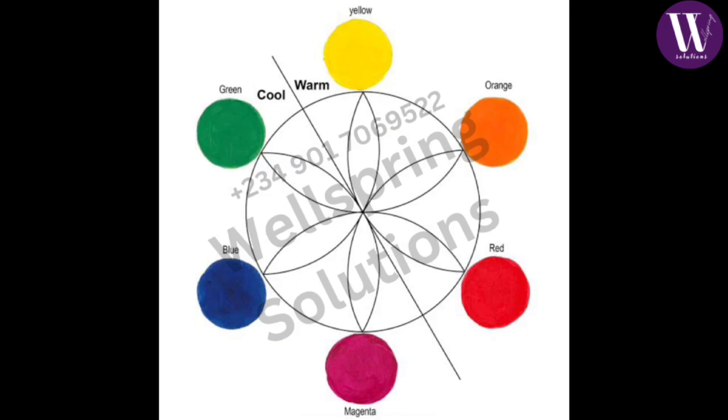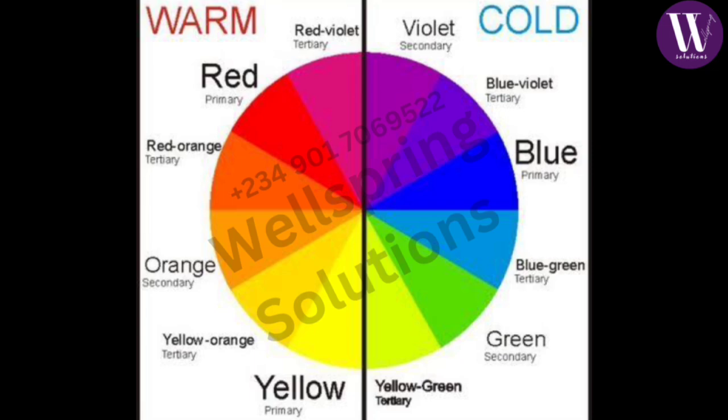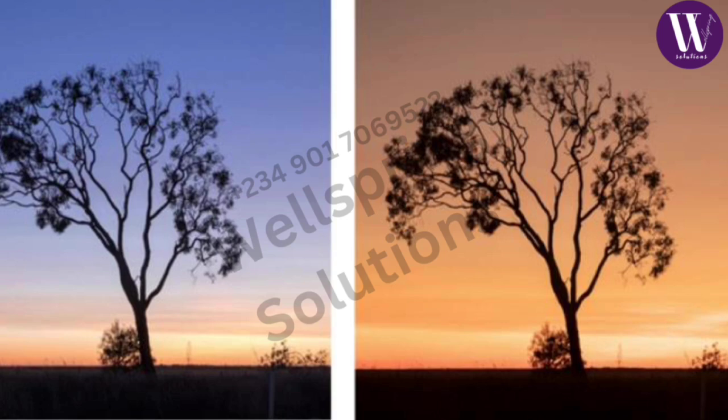The cool colors are to the left and the warm colors to the right. Cool colors are accommodating and cool, as the name implies, whereas warm colors look closer to the observer and speak volume from afar. This is why you need to know colors and their meanings.